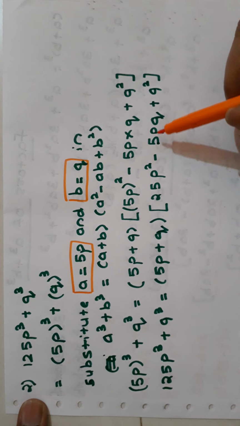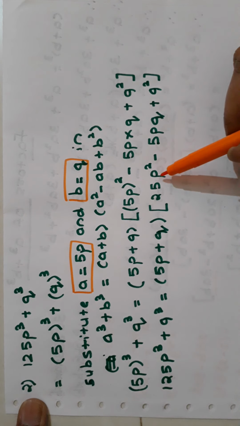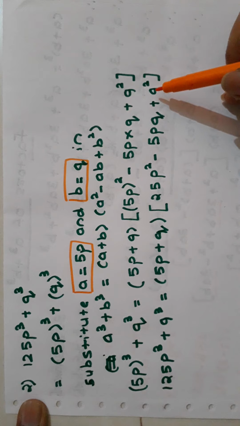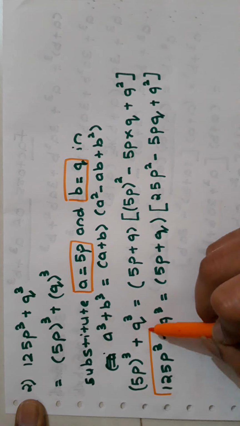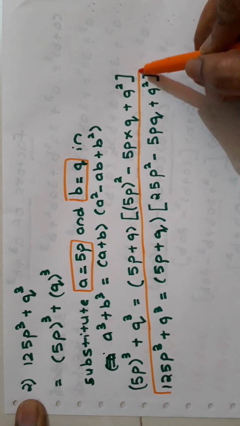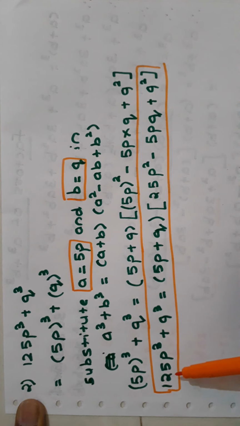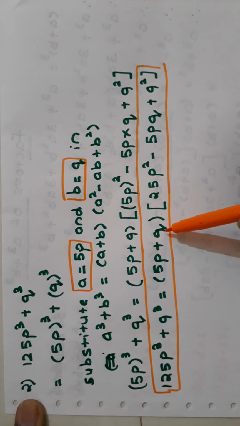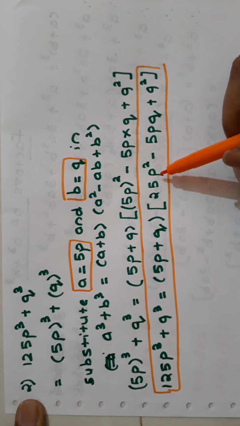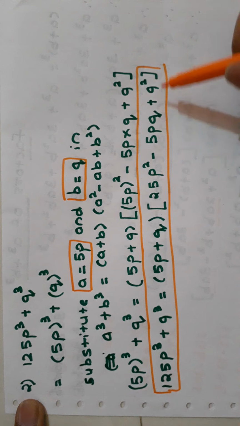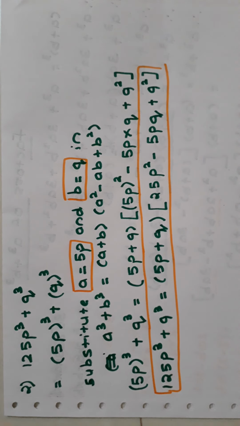Now here we cannot add and subtract these terms because all three terms are unlike terms. So the factors of the algebraic expression 125p cube plus q cube are 5p plus q and 25p square minus 5pq plus q square.